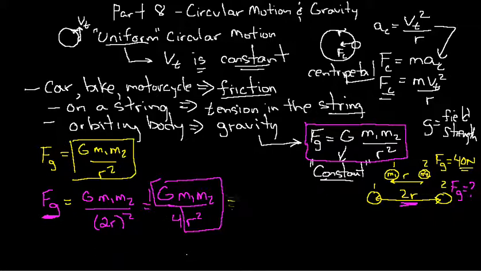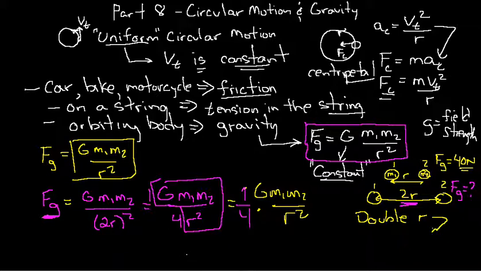This is equal to 1/4 of what you originally had. So if that's the case, you double the distance, so you double r, you get 1/4 the force of gravity.